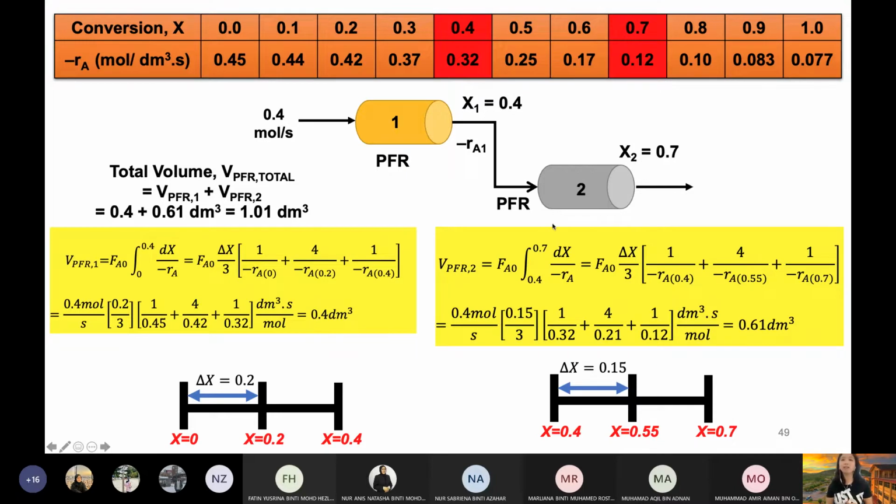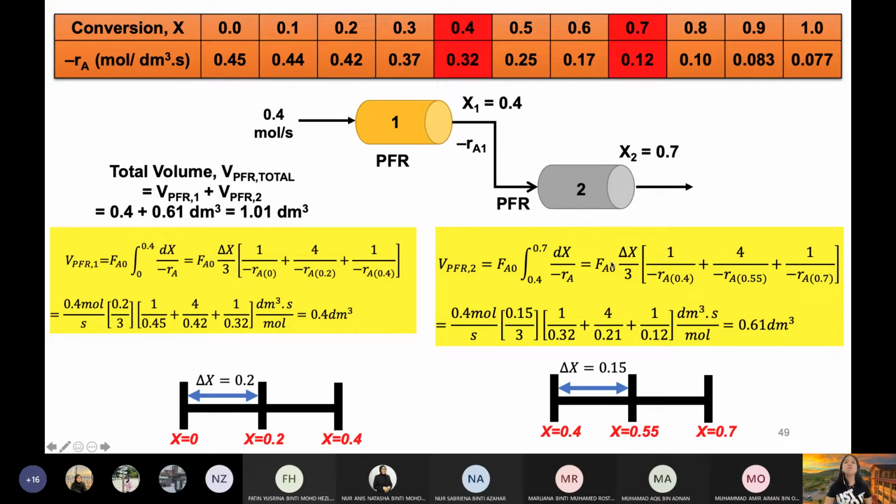So we go to the second reactor. So second reactor ni yang kita a bit get confused at times. Okay. So for the second reactor, we are converting from X1 0.4 to X2 0.7. So lower limit 0.4, upper limit 0.7. So we convert into Simpson one-third rule, FA0 delta X per 3.